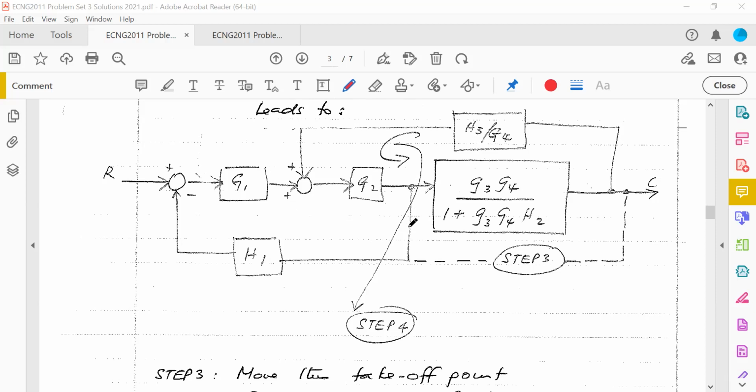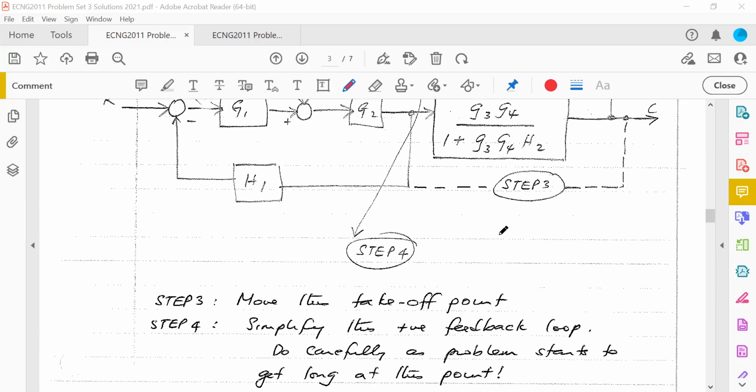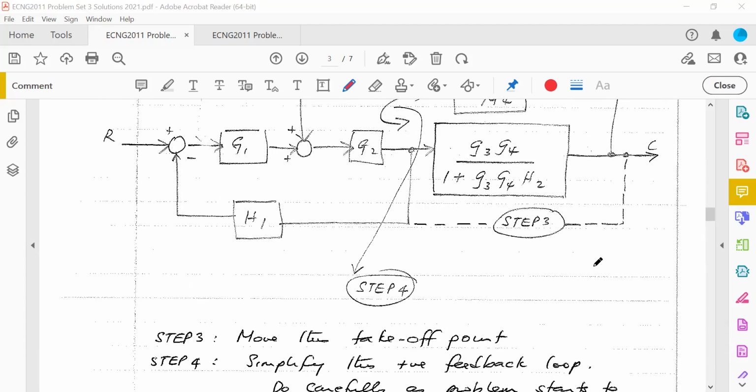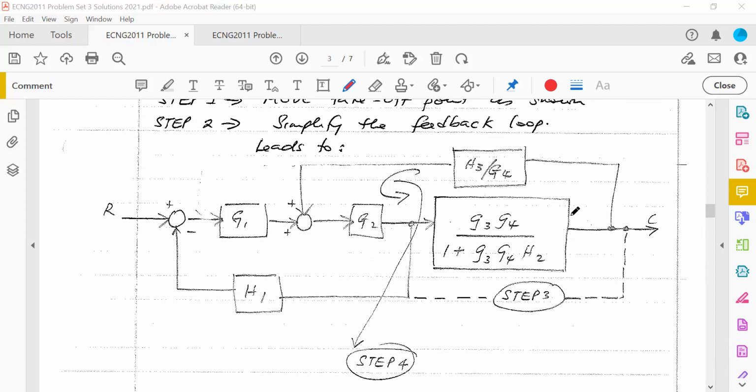So step 3, we shift the takeoff point again. All right. If I shift the takeoff point from here to after, I'm going to have to put in a block that is 1 divided by whatever the transfer function of that block is. If I do that, oh, and this was the point I was making. After you did the first step, draw over the diagram, right? So I've redrawn the diagram now to show what the simplifications of the first 2 steps were.